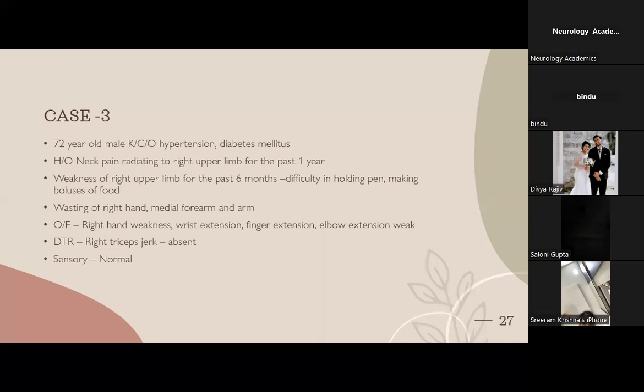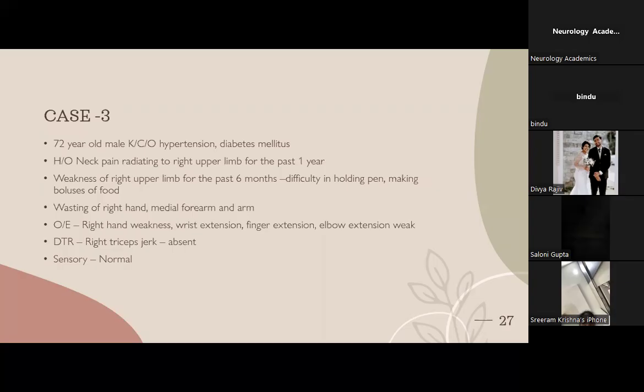Wrist extension is weak, but wrist flexion and elbow flexion are normal. Other examination is normal. Finger extension is weak, elbow extension is weak. So wrist flexion is also strong.